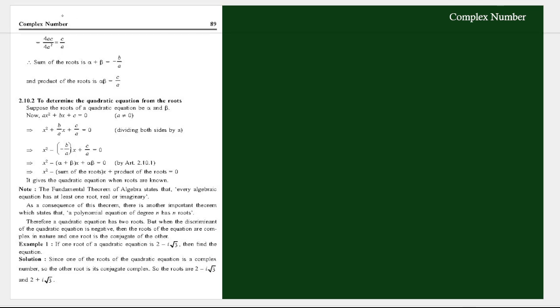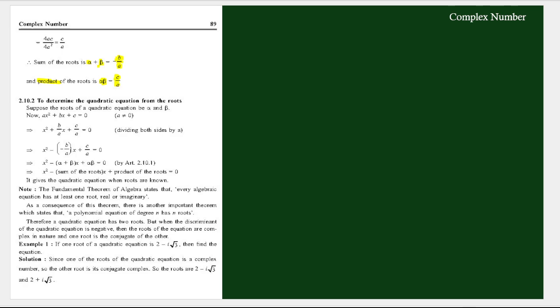Just like how we discussed earlier, if one of the roots is alpha and the other is beta, then their sum is given by the formula minus b by a, and the product of the roots, alpha and beta, is equal to c by a.